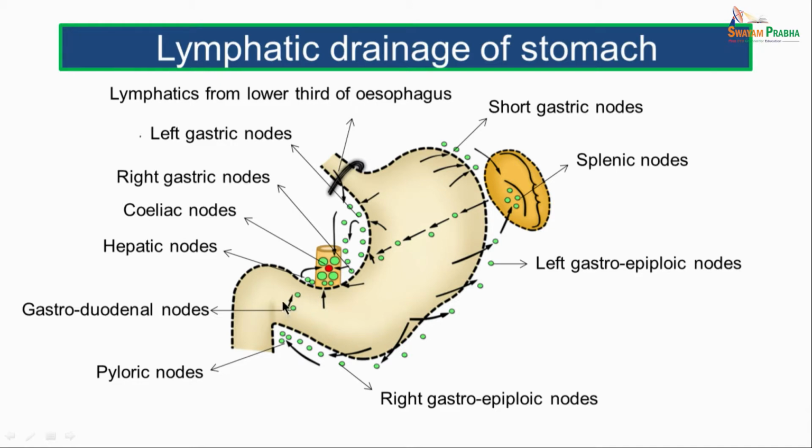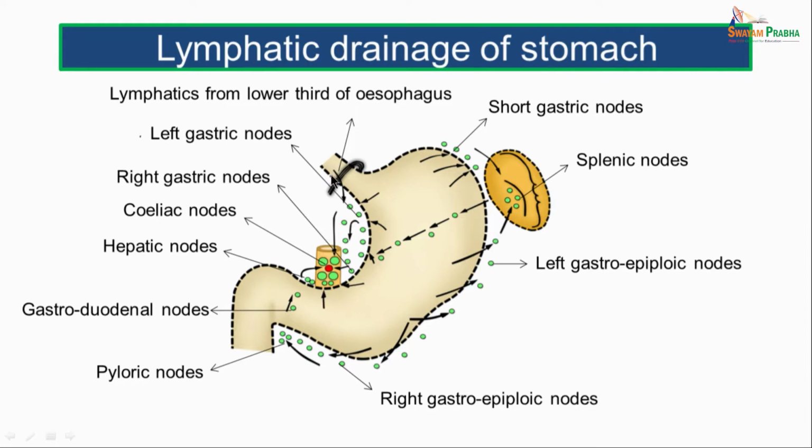Anterior to the pyloric antrum, we see the gastroduodenal nodes. Superior to the pyloric antrum, we see the hepatic group of lymph nodes. Along the lesser curvature, from superior to inferior, we see the left gastric nodes and the right gastric nodes. These nodes drain the lymph from the respective areas and ultimately drain the entire lymph into the celiac group of lymph nodes.